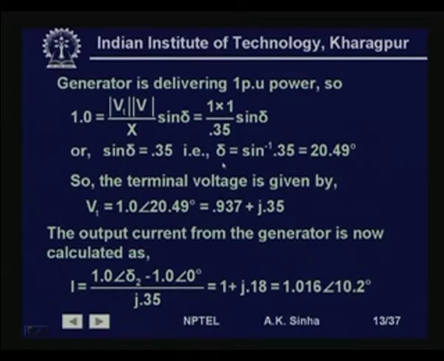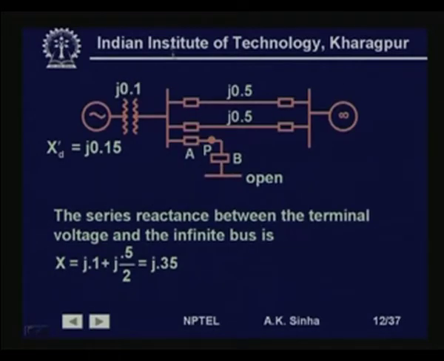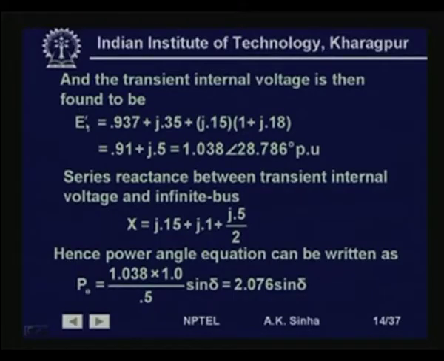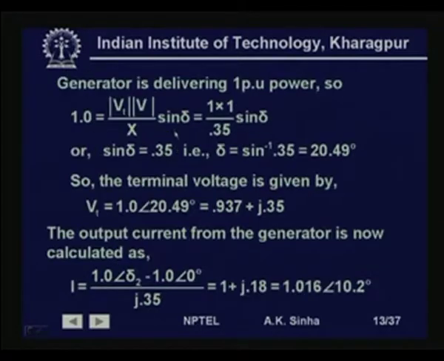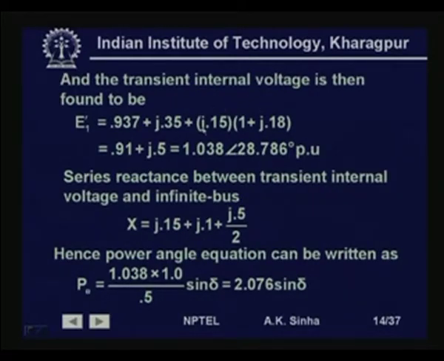So, we have got the current. Now, we know the transient reactance of the machine, and we know the current. So, we can find the voltage behind the transient reactance of the machine. The transient internal voltage is equal to 0.937 plus j 0.35, that is the terminal voltage, plus the drop, which is the reactance into the current.